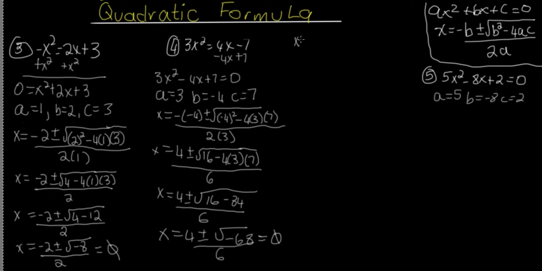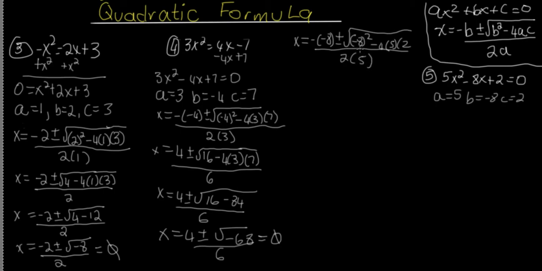So I have x equals -b, so -8, plus or minus the square root of b squared, so that's (-8) squared, minus 4 times a, which is 5, times c, which is 2, and this is all over 2 times a, which is 5.